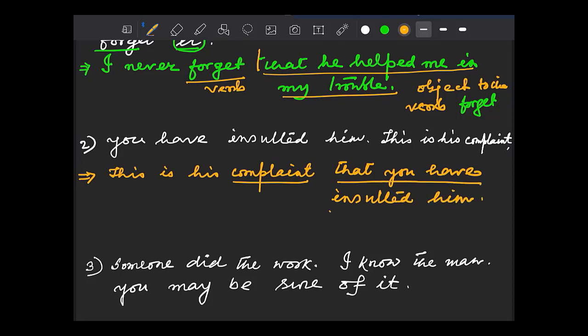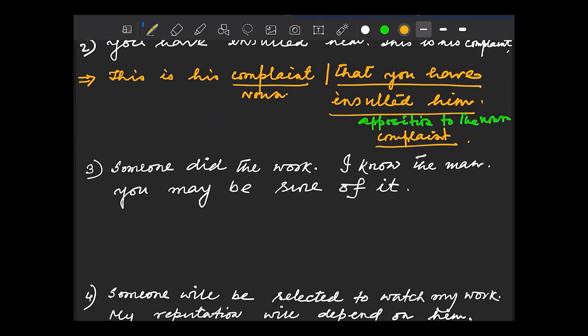That you have insulted him is a noun clause, and this is a noun. So this noun clause is in apposition to the noun complaint. So this is apposition to the noun complaint. Okay.